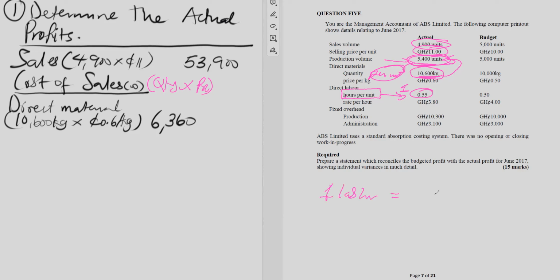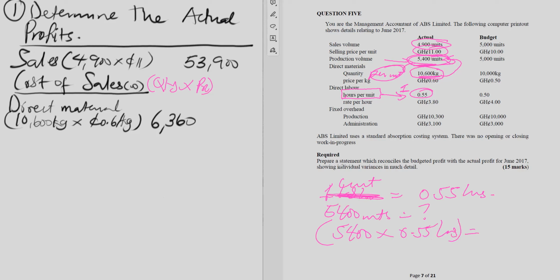If 1 unit was for 0.55 labor hours, then all the 5,400 units that we are producing will be how much? So you end up with 5,400 times the 0.55 hours, and that gives us the exact amount of labor hours used.